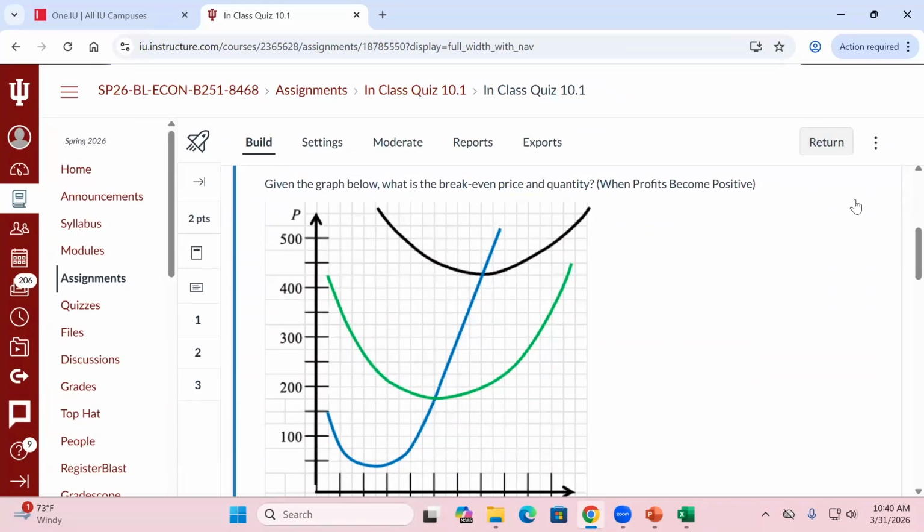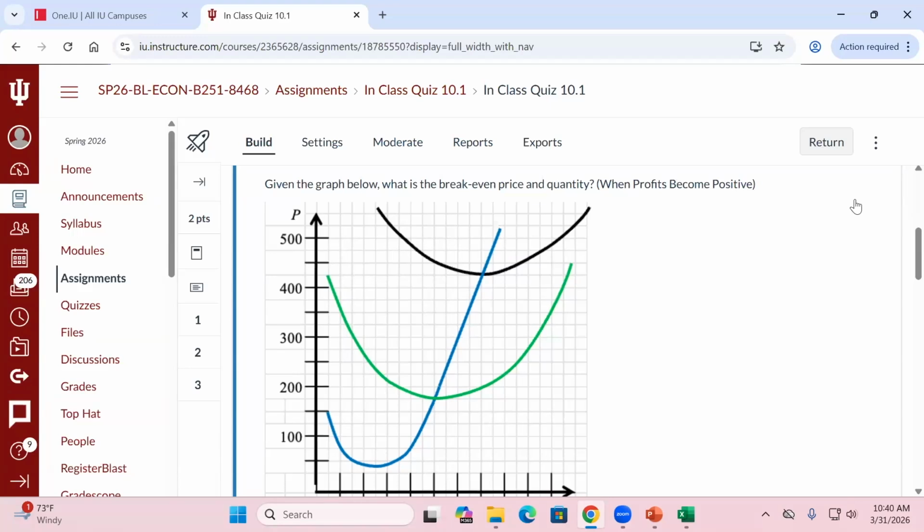So let's think about this first one. These incorporate some things we didn't quite get to today, but they help me introduce the next topics for Thursday's class. I've got 3 cost curves up. We didn't talk about one of those curves today. We had marginal and average total cost today. What curve did I leave off that we see in the short run?